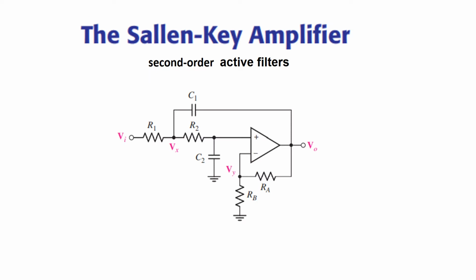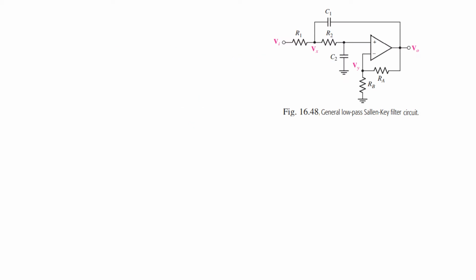Okay, now the Sallen-Key amplifier is a second order active filter. This is the original design. We'll work with that. Okay, let's now deliberate on the Sallen-Key filter and try to find out the transfer function for this filter. If you look, this terminal is the V input terminal.